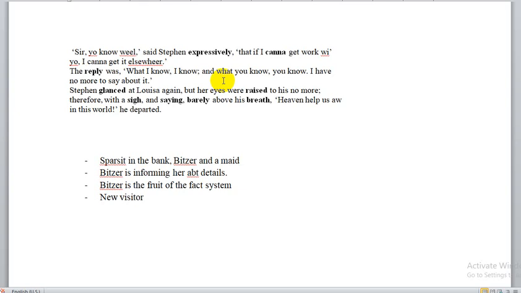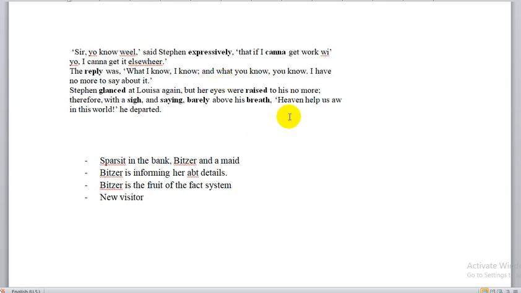And how Bitzer and Sparsit consider Tom, that he is an idler, extravagant, a bad person who does not deserve this place. It also highlighted the new visitor, a new character who came from London with a letter of introduction from Mr. Gradgrind to Bounderby, in order to introduce this person to Bounderby. And he showed his passion to meet Louisa and asked about her news.